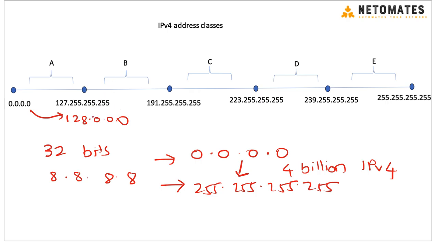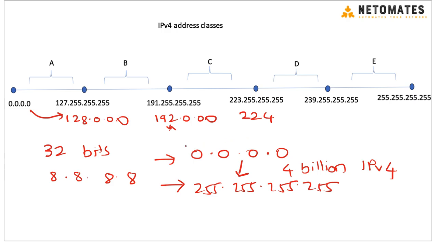Similarly, class B starts from 128.0.0.0 to 192.0.0.0, excluding this address. So class B starts from 128.0.0.0 to 191.255.255.255.